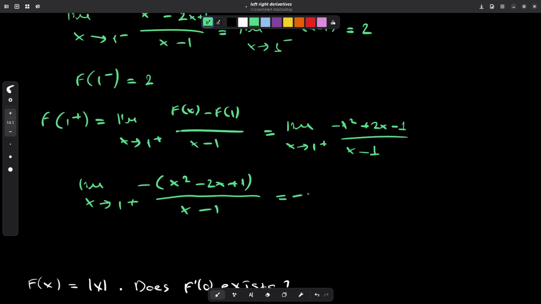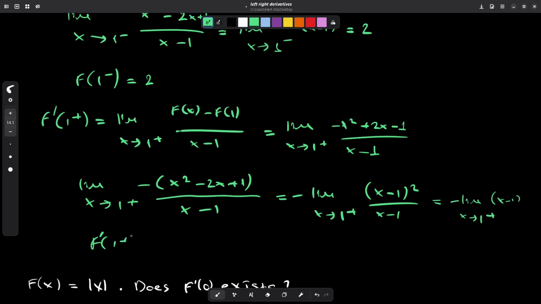I can take the negative 1 out: negative limit as x approaches 1 from the right side of (x minus 1) squared over x minus 1. This is x squared, x minus 1 squared, right? So therefore, this limit is equal to negative limit as x approaches 1 from the right side of x minus 1, which is equal to 0. So the derivative from the right side is equal to 0.